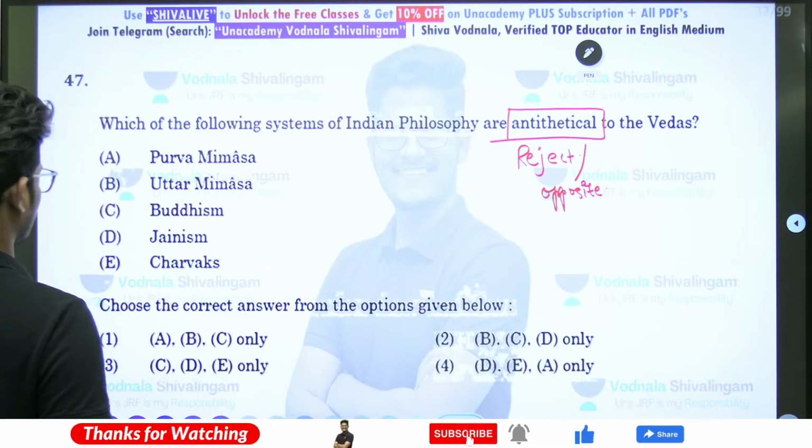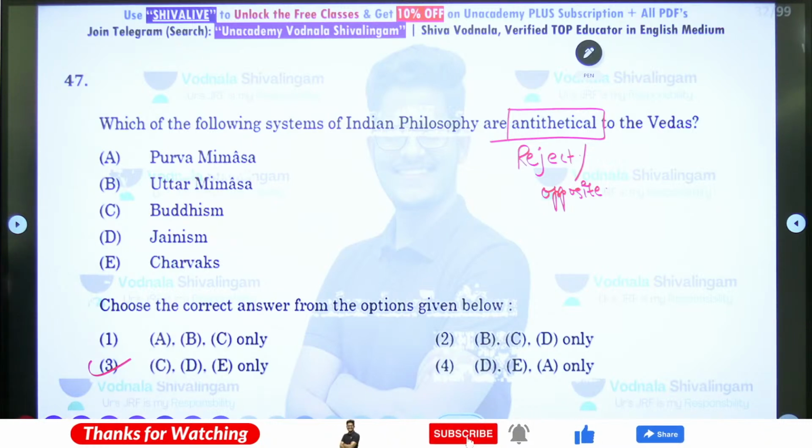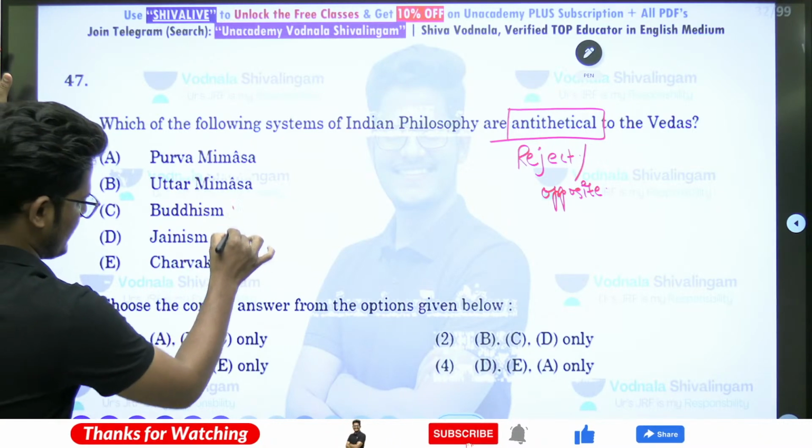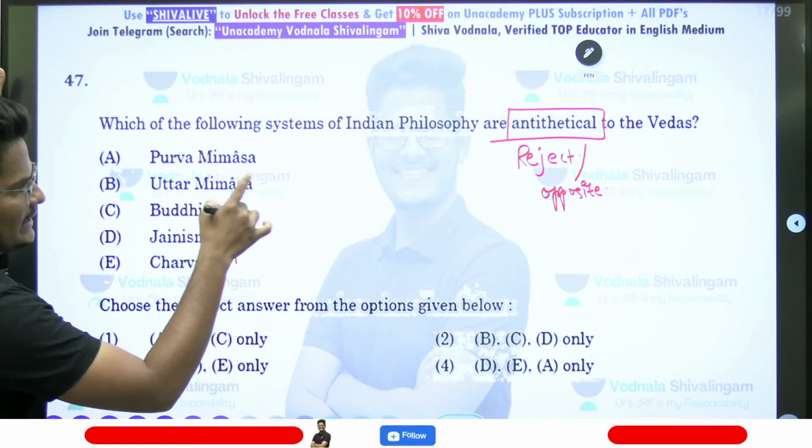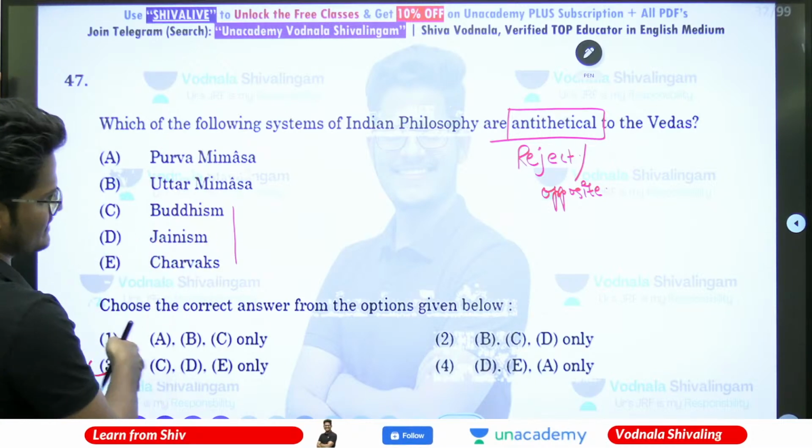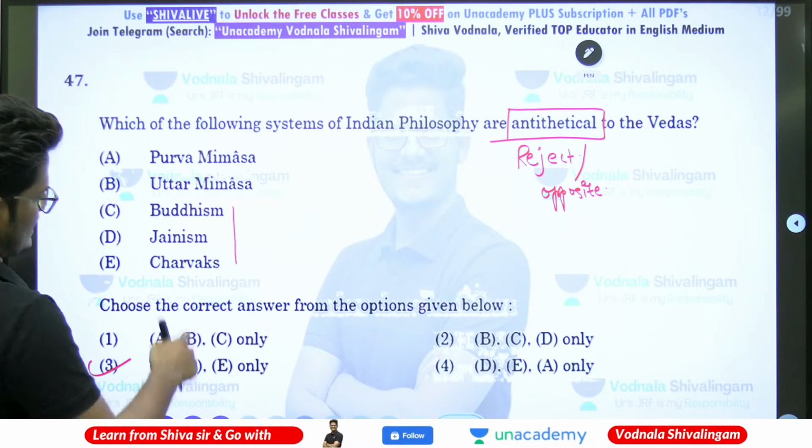So the answer for this question is 3. Buddhism, Jainism, Charvakas are anti-ethical to the Vedas.